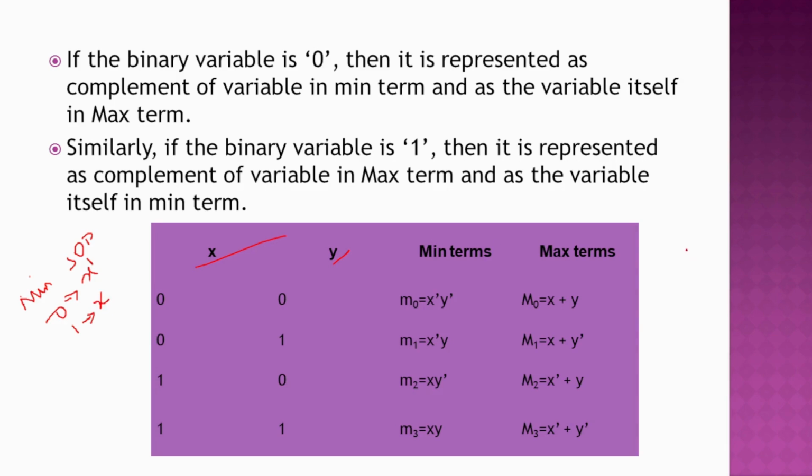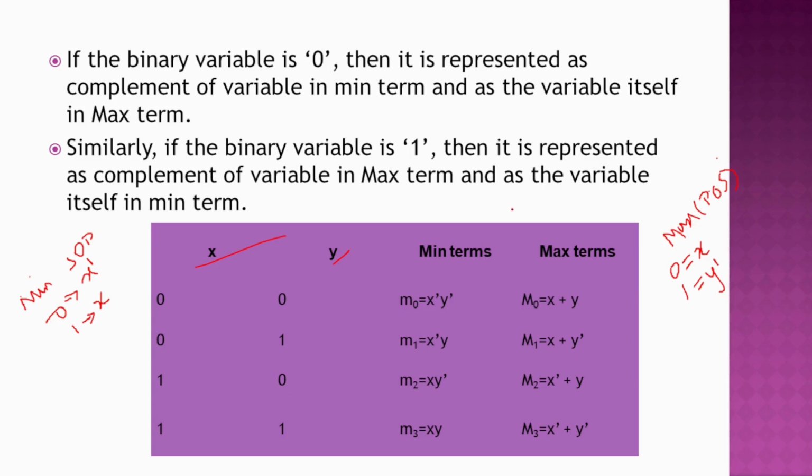The maxterm is opposite to the minterm. The maxterm is based on POS, that is the product of sum method. Here the 0 is mentioned as the variable itself, that is x, but the 1 is mentioned as y dash. So minterm is opposite to maxterm.